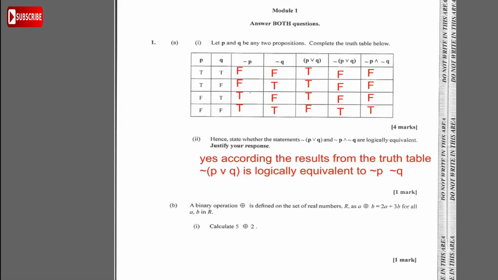Nice. Oh, I left out that and right here. So they are logically equivalent since they have the same truth results here.